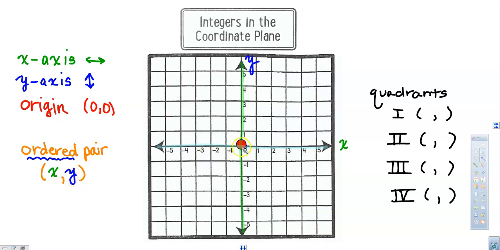So if you're at the origin, you have not gone anywhere. You haven't gone left to right or up and down. You're just sitting on 0 on the horizontal axis and 0 on the vertical axis. So this is the origin right here, this red point.